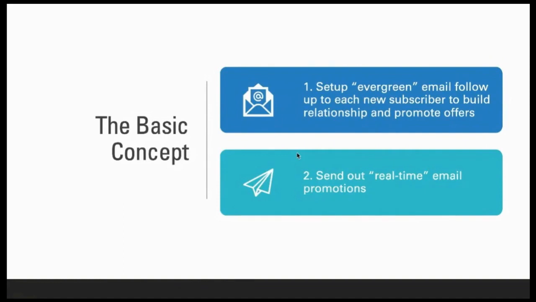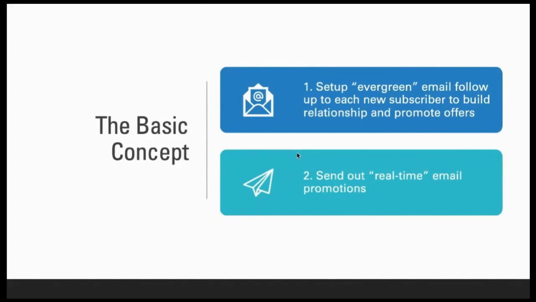The other concept is that once you have a sizable mailing list, you can send out quote-unquote real-time email promotions. So let's say you have 10,000 subscribers in your list, then when you send, you will reach everybody. So that is the basic concept.